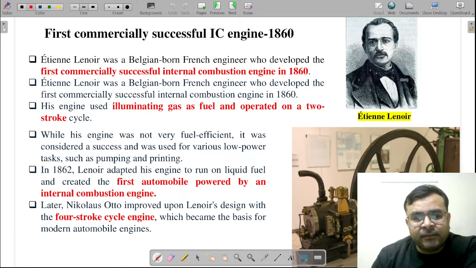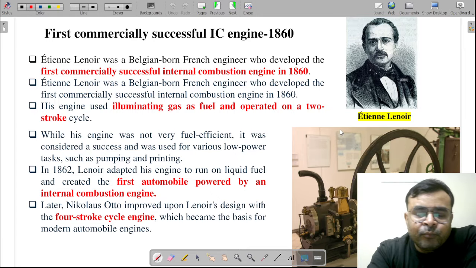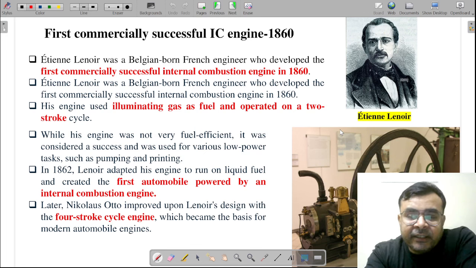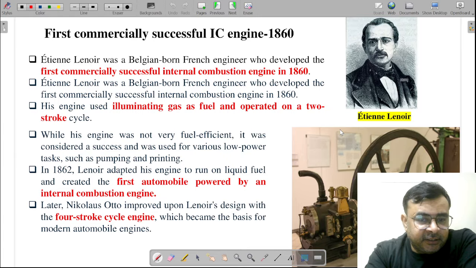Okay, this engine basically worked on two-stroke, and it was run by gas used as a fuel. While his engine was not very fuel efficient, even if I talk about some data, for producing 0.35 kilowatt, a very big size engine was required, is it right? 0.35 kilowatt, which is very little energy.